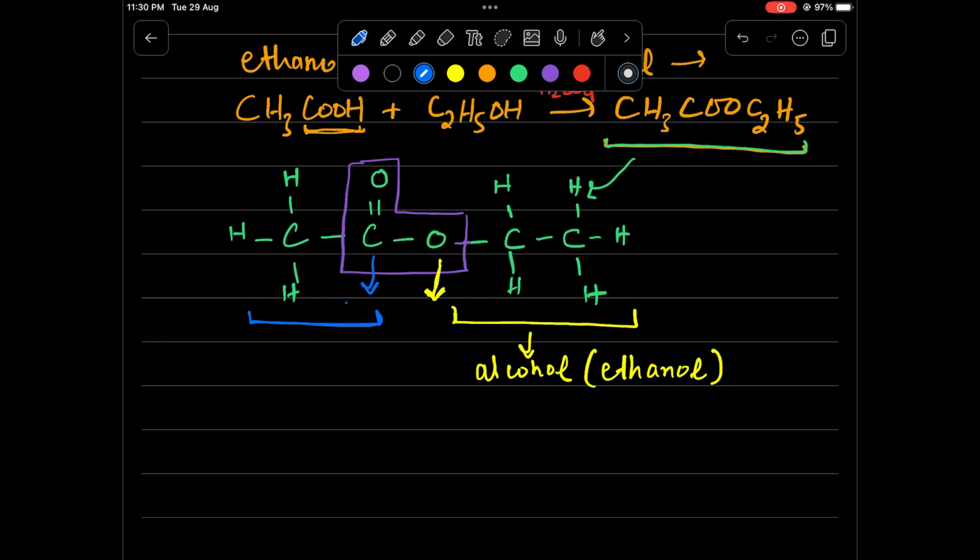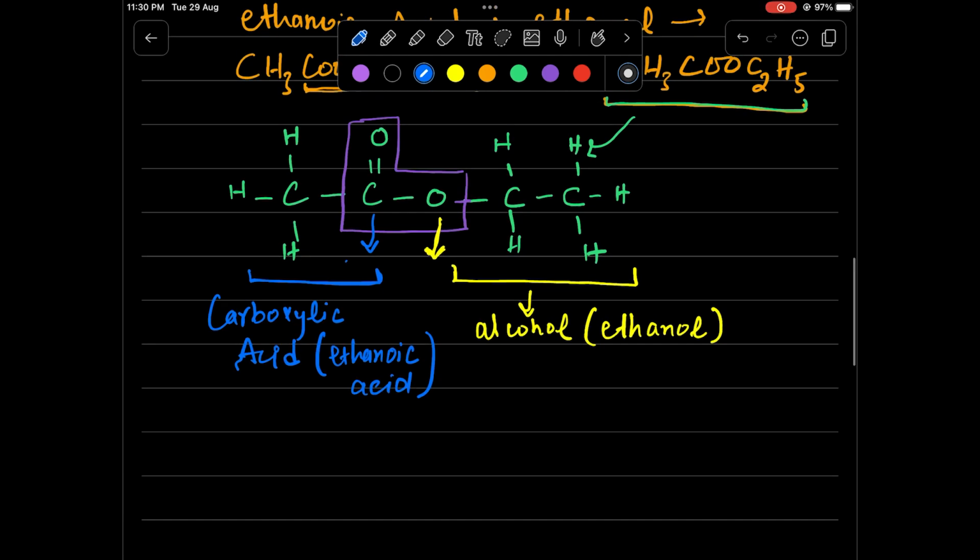So the portion to the left of the C with the double bonded oxygen basically comes from the carboxylic acid you use. Okay, and that means that here the carboxylic acid I used was ethanoic acid. Okay, till now I believe this portion is clear.